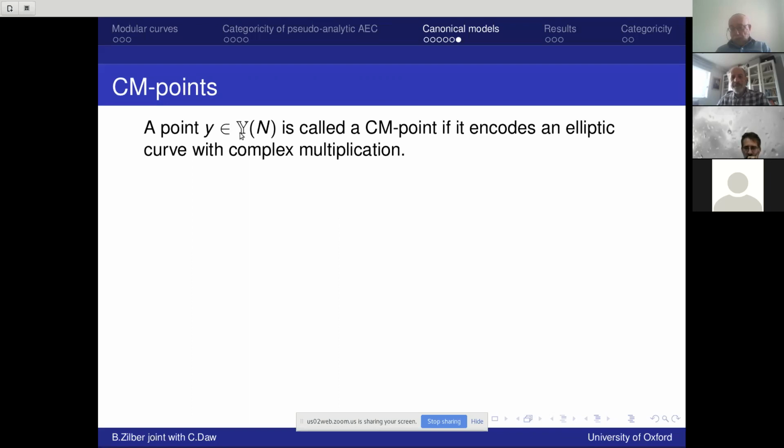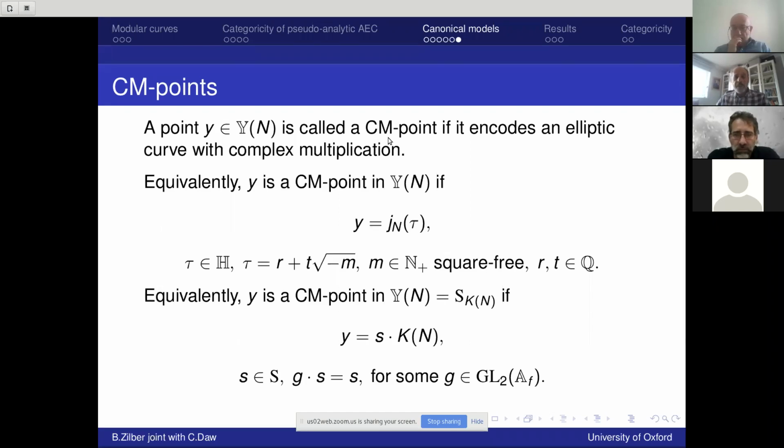On these modular curves, if you think of them as being modular spaces for elliptic curves, then those which correspond to elliptic curves with complex multiplication, these very special elliptic curves, are called CM points. Now, here you will see alternative definitions. You can get all the CM points by going through this procedure.